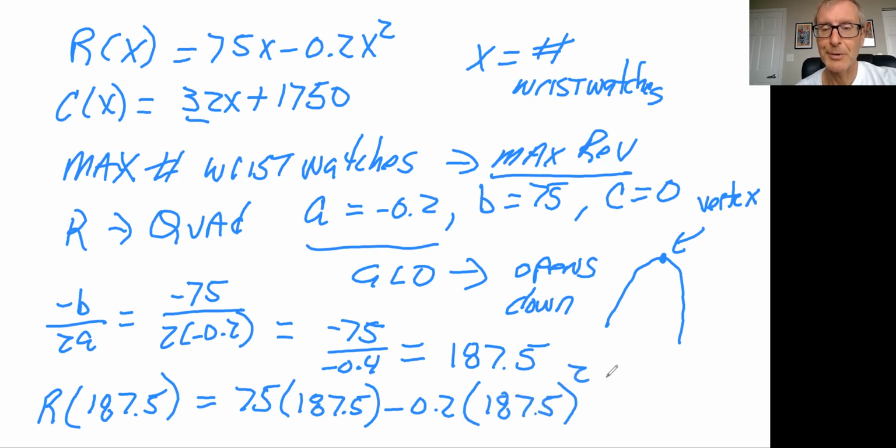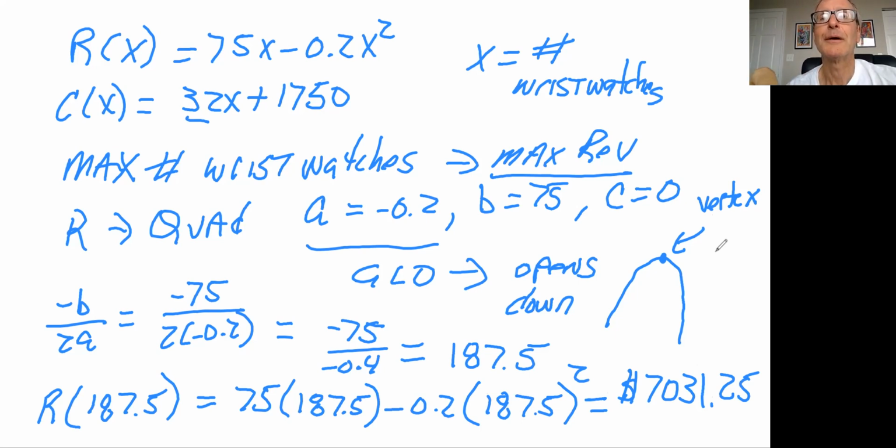All right, so see what I mean by plugging in? So here you definitely need a calculator. And I actually did this before. And so this number would be 7,031 and 25 cents. So that's the vertex right up there.